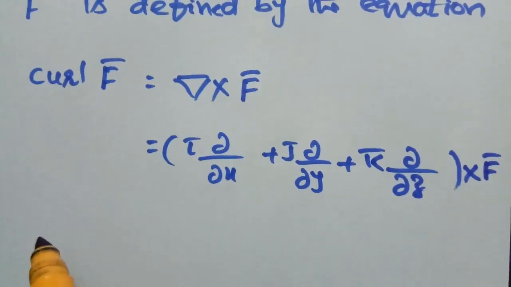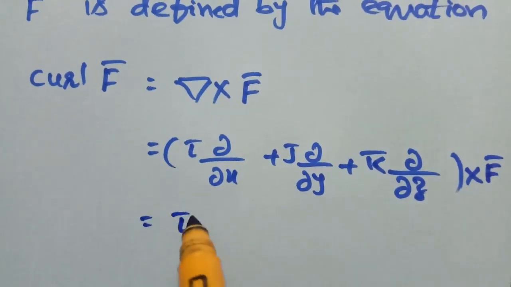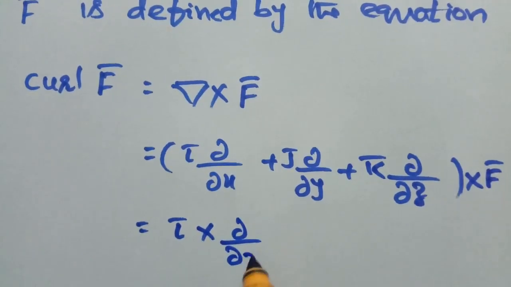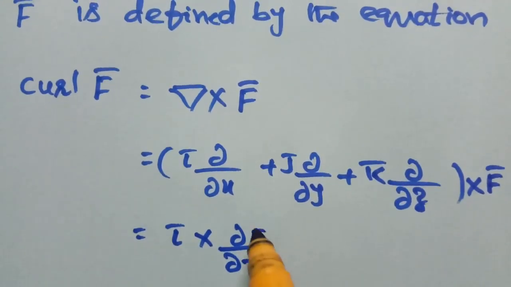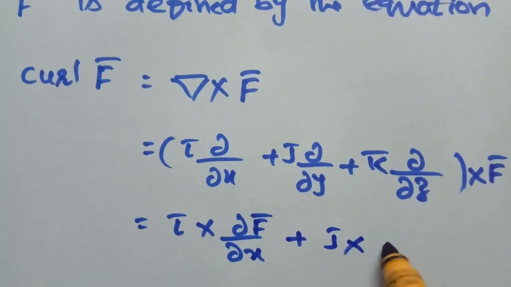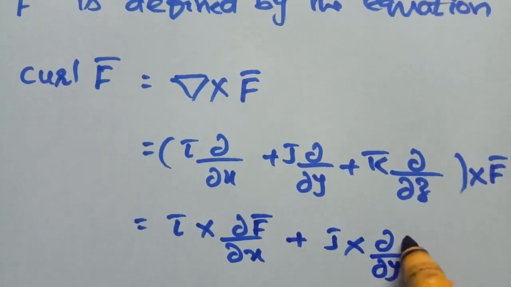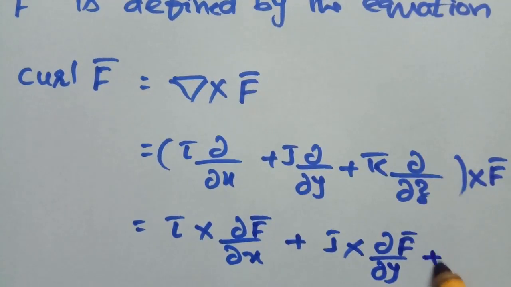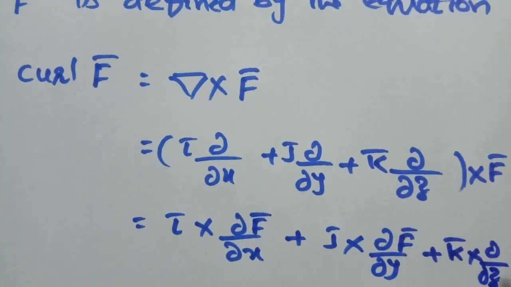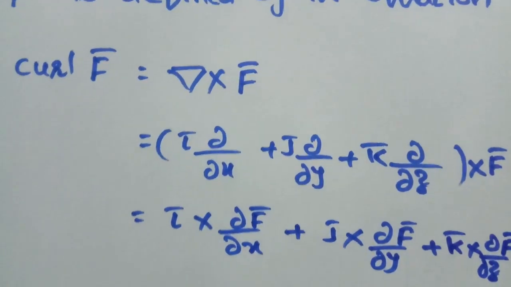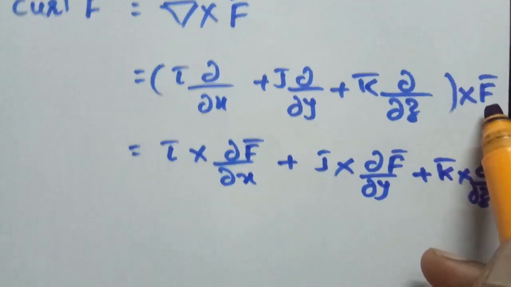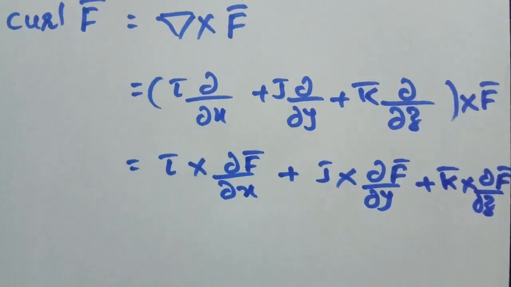Now this becomes i bar cross dou by dou x of f bar plus j bar cross dou by dou y of f bar plus k bar cross dou by dou z of f bar, cross product between two vectors.